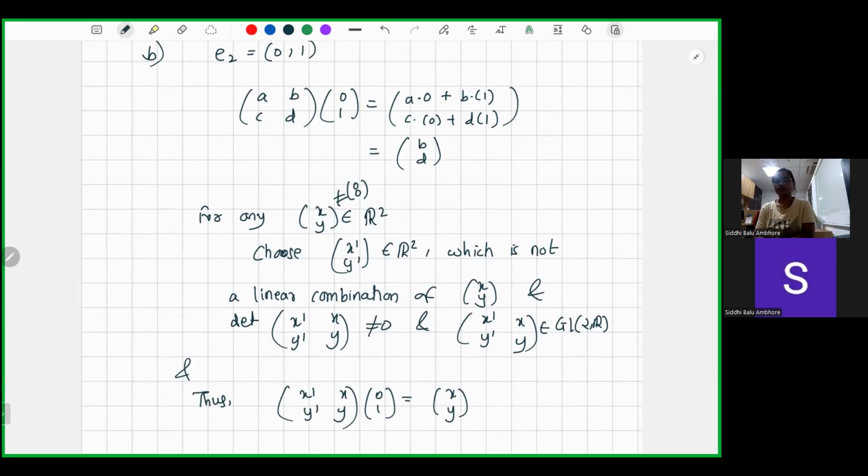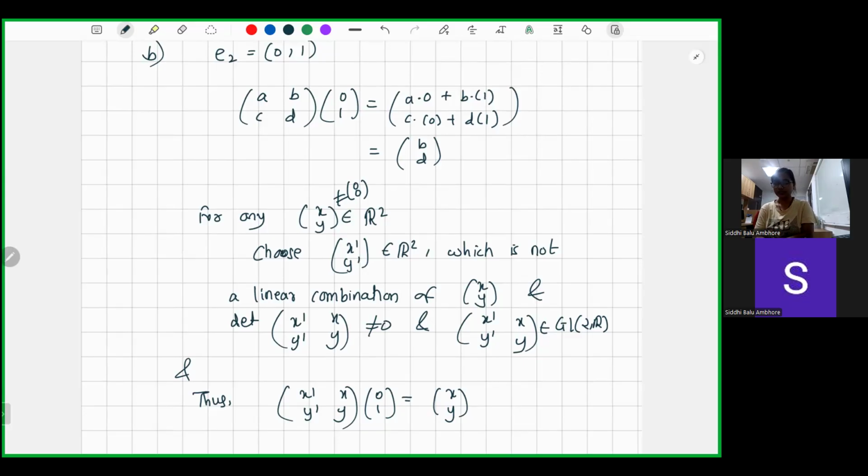0, 0 is not possible, because what is this? This is giving me a column of a matrix in GL2R. So no matrix in GL2R will have a column 0, 0, because then the determinant will be 0 and it won't be in GL2R.